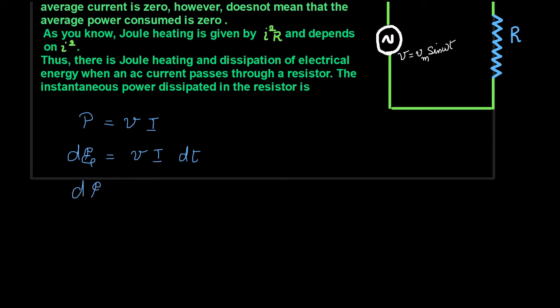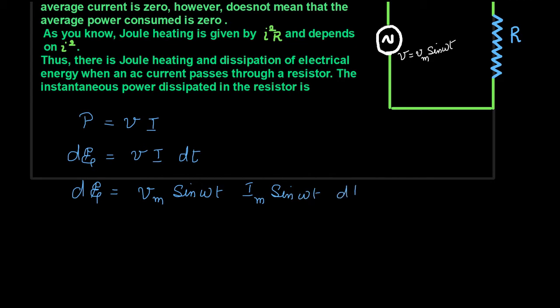In the case of a resistor, V equals Vm sin omega t. Voltage and current are in phase, so current I equals Im sin omega t.